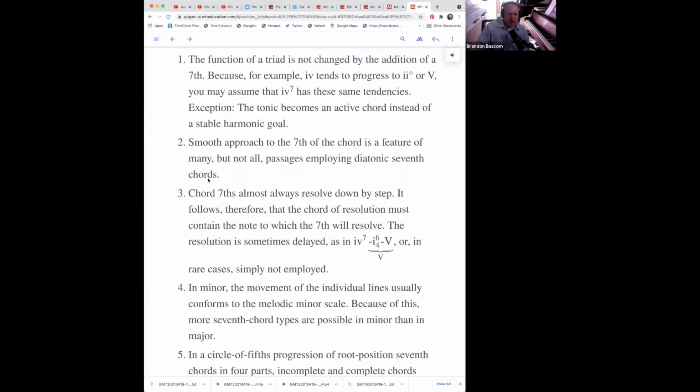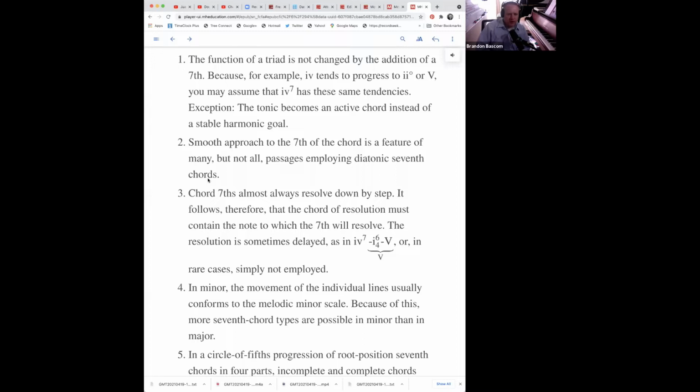And it's in measure 60. So here we have a G, an E, a C, and a B. I'm sorry.